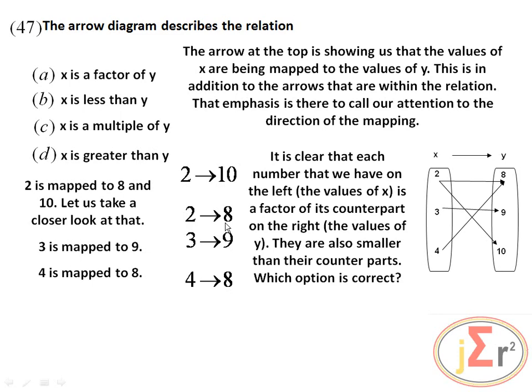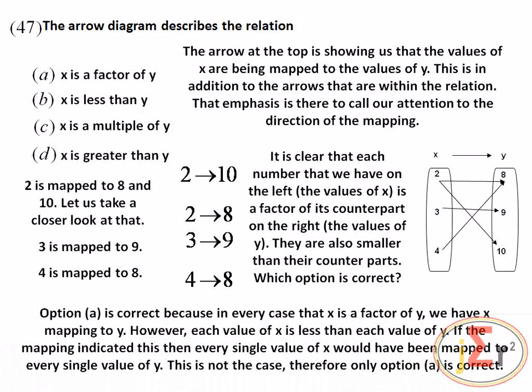And we may even say that each one that we have here is smaller than the one that we have here. This one is smaller than this. Also, it is very clear that the numbers that we have here are factors of the ones that we have on this side. They are smaller and they are factors. X is a factor of Y is a possible description. Also, X is less than Y is one to be considered. Which one is correct?